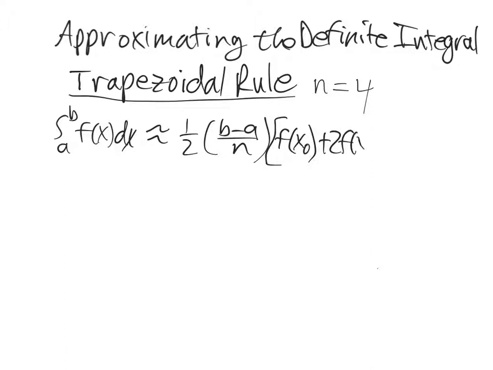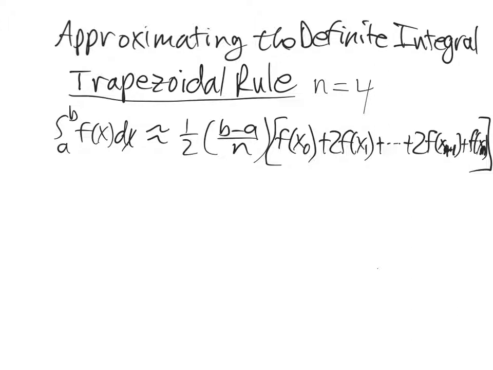Now the inside ones will be used more than once. They're going to be used twice, but the first one and the last one are only used once. Now, this is n minus 1, and this is x sub n.